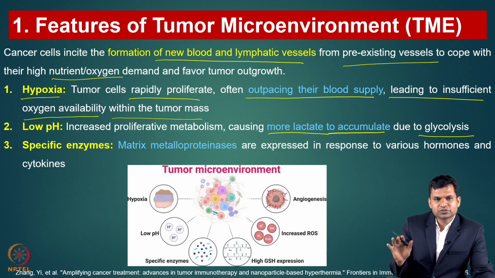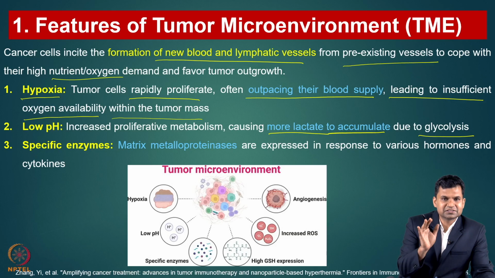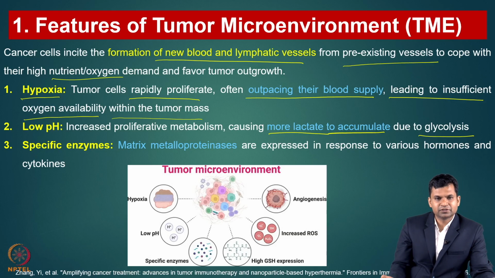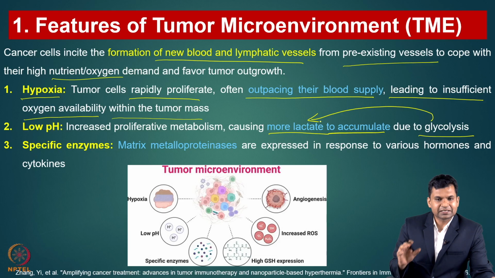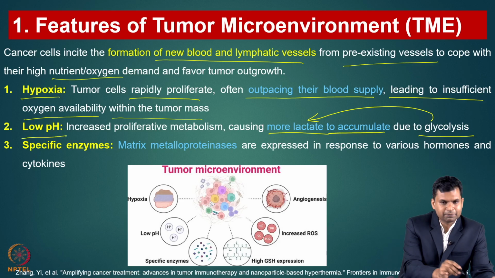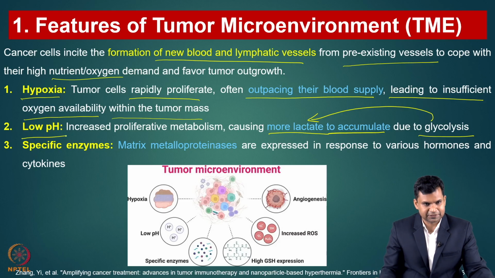So the second point is the low pH in the cancer cell, the acidic environment of the tumor cells, which comes with high proliferation metabolism. As we know the mechanism, glycolysis goes very fast, which leads to lactate accumulation in the cancer cell and results in an acidic pH.